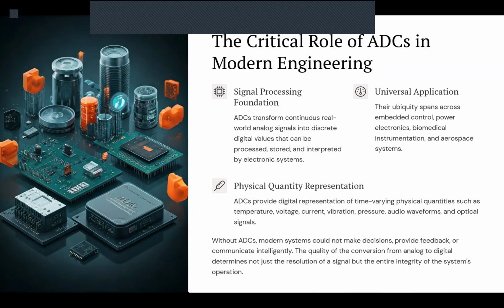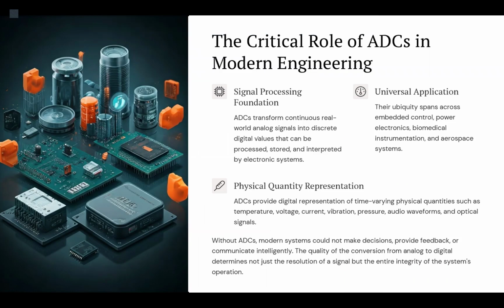Now, before we start the discussion about the IEEE 1057, let's start with a fundamental question: why do we care about the ADCs, the analog to digital converters? Well, ADCs are converting physical quantities like temperature, vibration, or audio into the digital system.